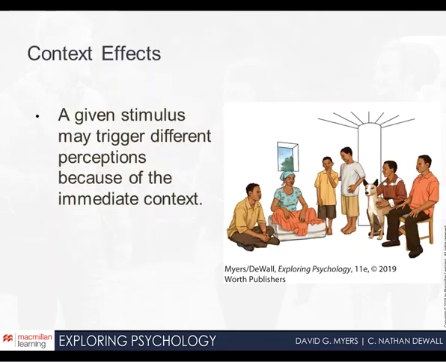Now, let's look at an example here of context effects. A given stimulus may trigger different perceptions because of the immediate context. So, what is above the woman's head?